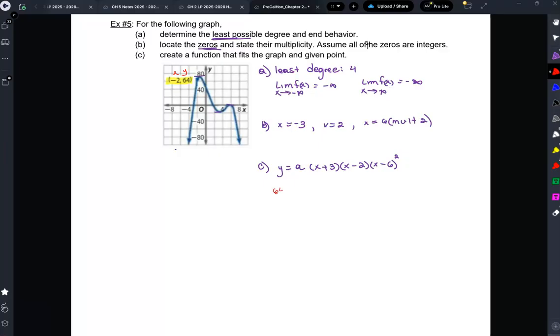So y is 64, equal to a, and then we plug in x, which was negative 2. Then I get 64 is equal to a times 1 times negative 4 times 64.